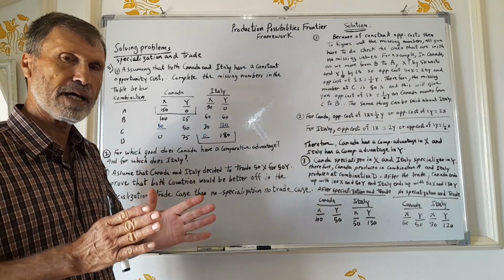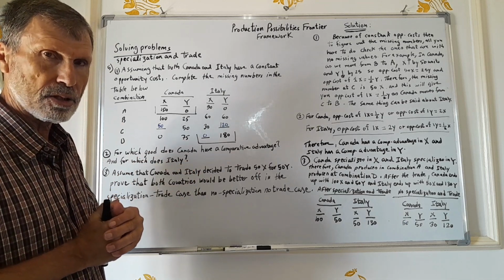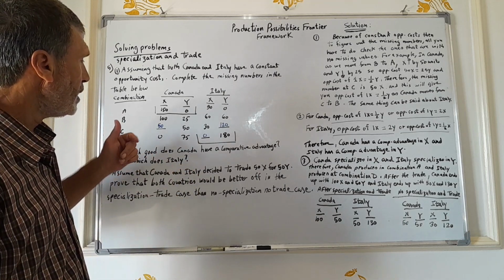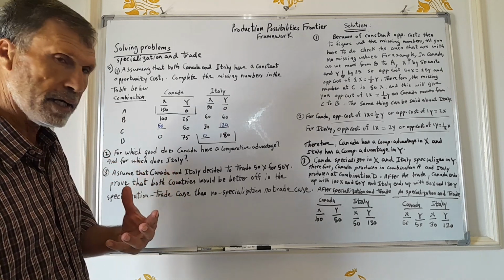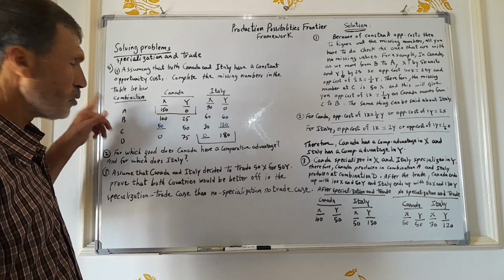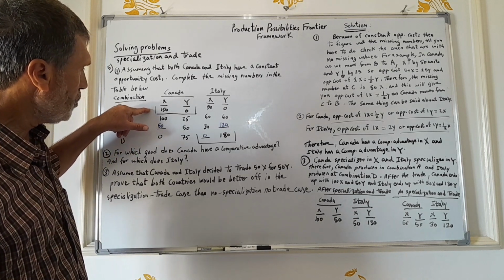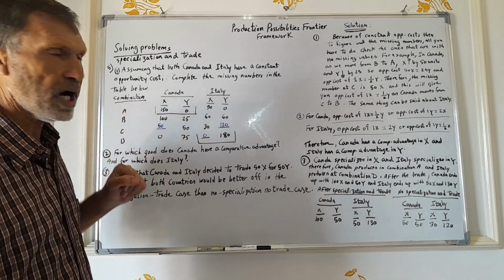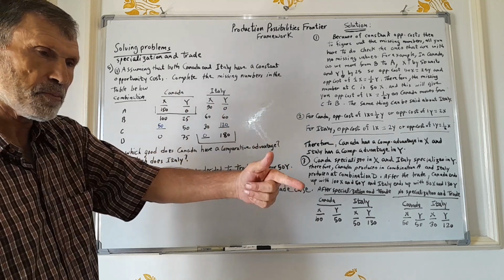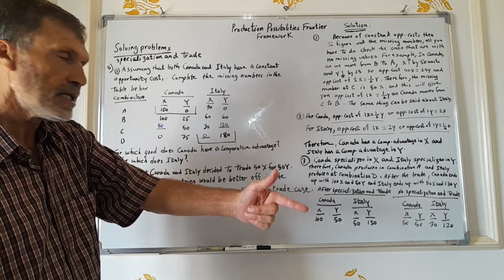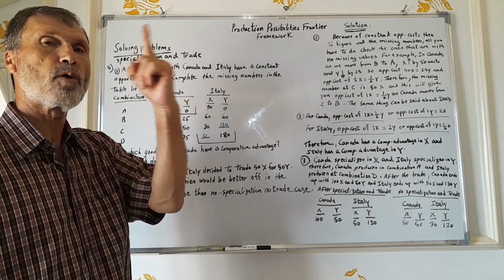So the question is, what is the opportunity cost for Canada of producing X in terms of Y as we move from B to A? The opportunity cost of 50 new units of X is equal to 25 units of Y. If the opportunity cost of 50X is 25 units of Y, then what is the opportunity cost of 1X?